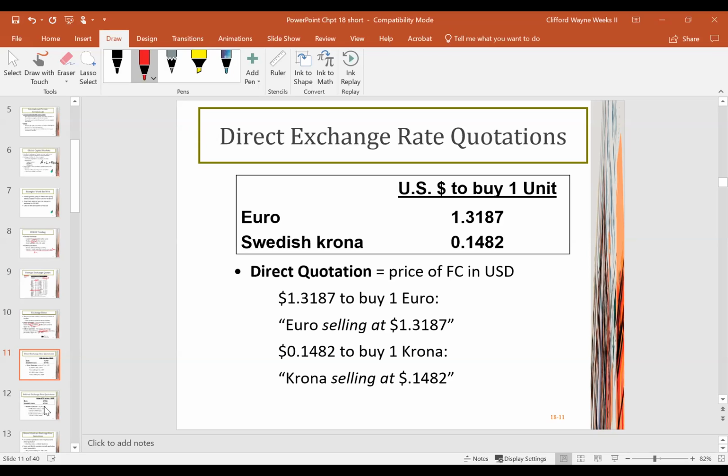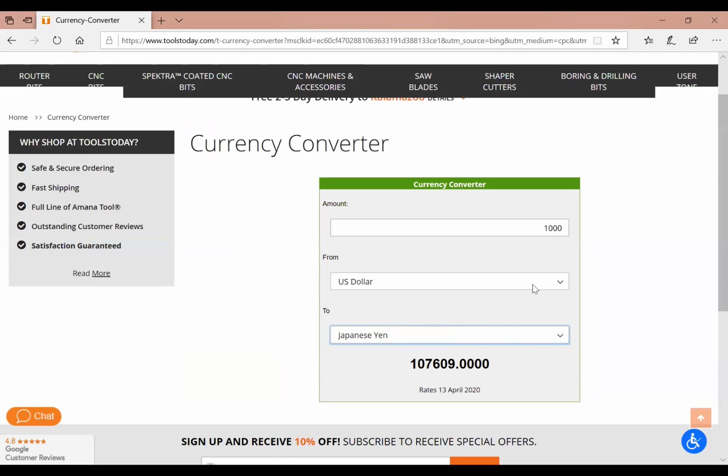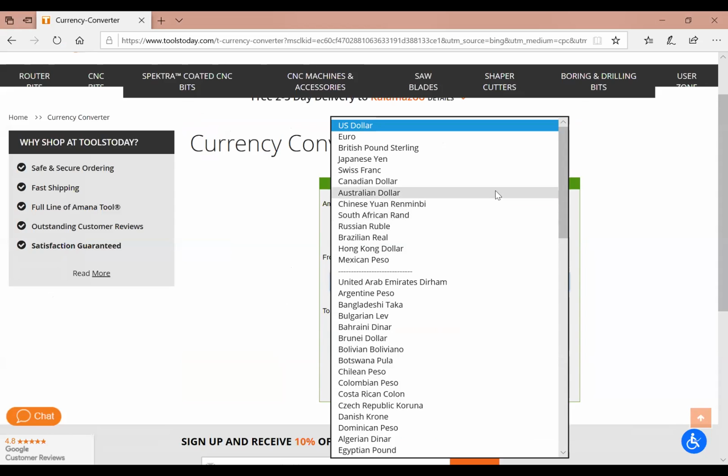So the direct quote, as we said, is in US dollars, and a lot of times it refers to the euro selling at this amount, which is kind of interesting because if we go back, let me go back and share. New share. I'm getting better at this. If we're going from, let's actually go from the euro to the US dollar.